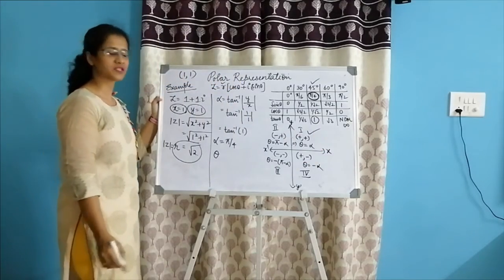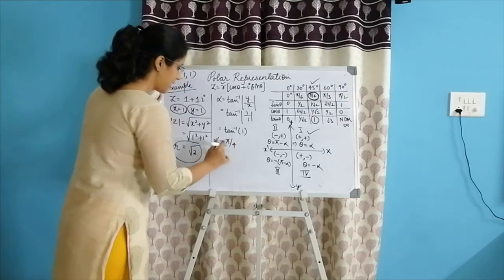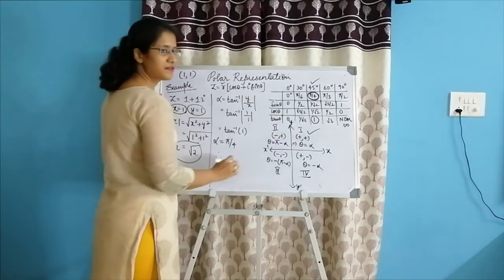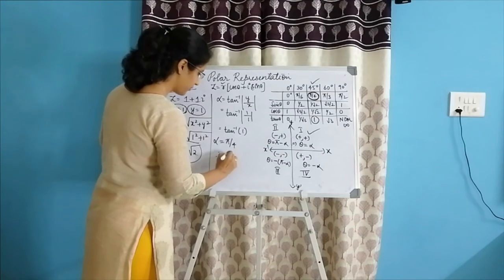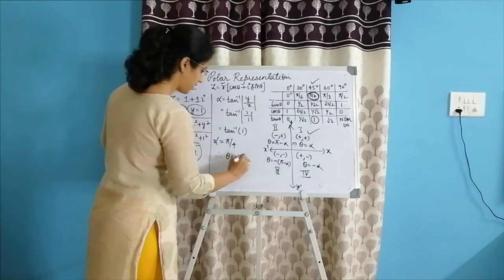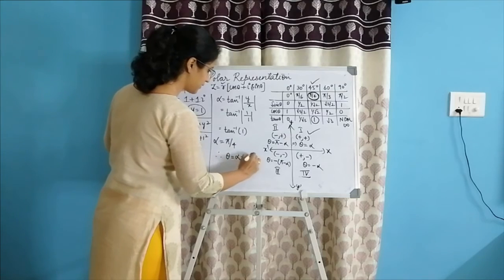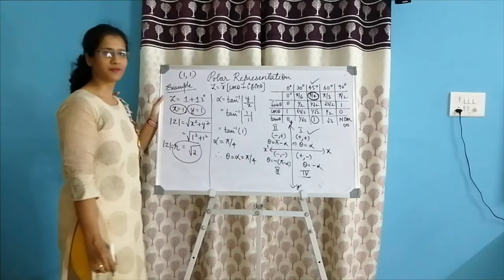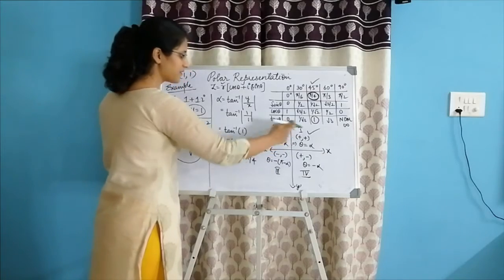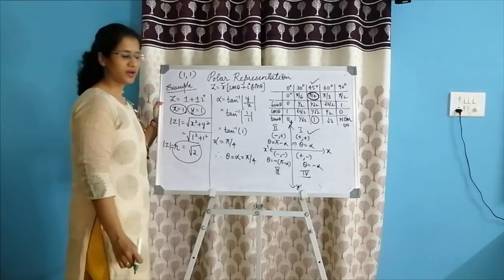It falls in the first quadrant. So therefore (1, 1) lies in the first quadrant. Therefore theta is equal to alpha, and the alpha we have got is pi by 4. Understood the logic? So that is why we find our quadrants.